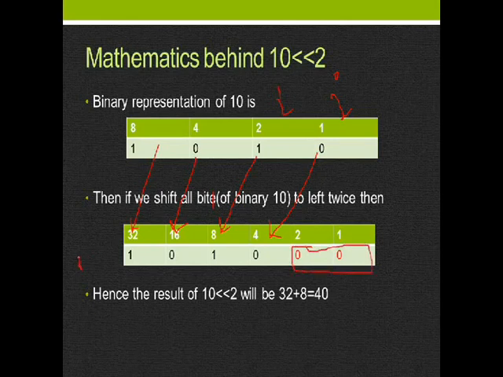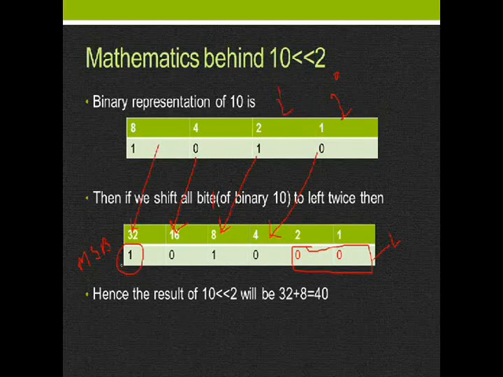This is the MSB and this is the LSB. The most significant bit is 1. That is why if we left shift 10 by 2, the value will be increased.